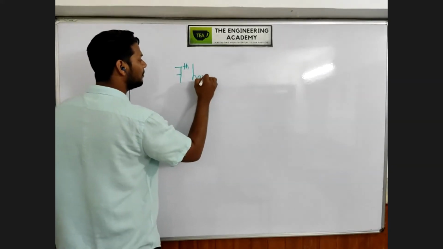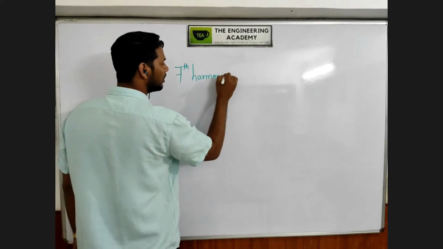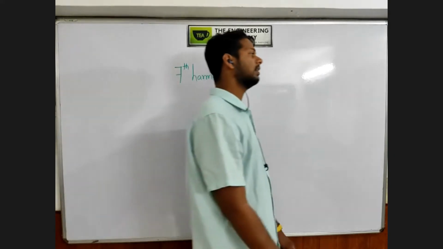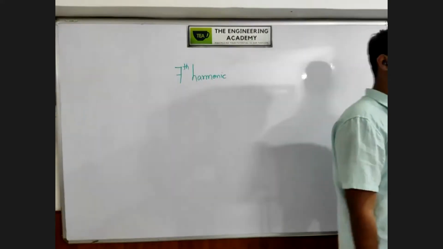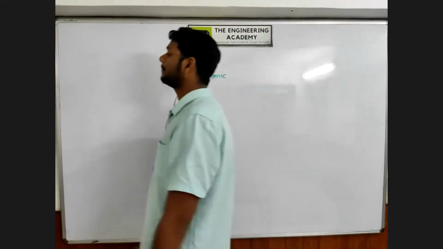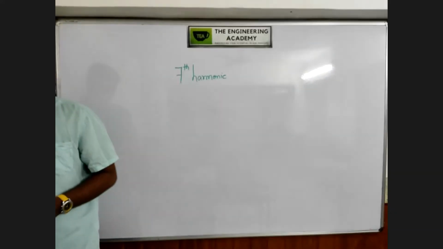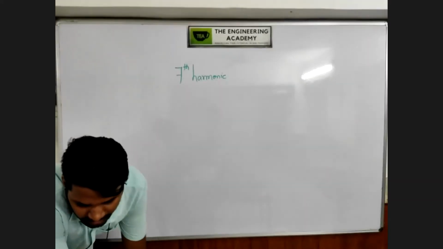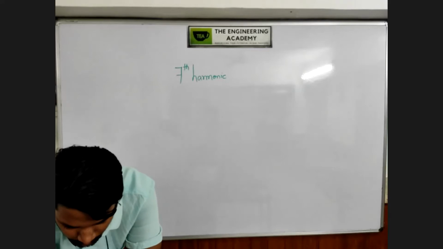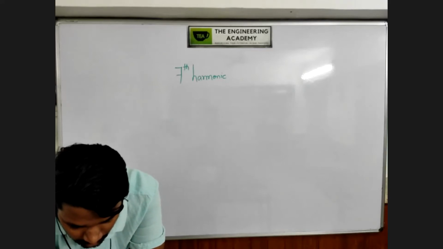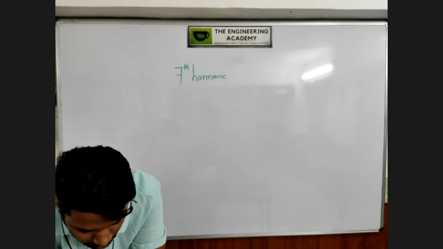So can anyone tell me what will be the coil span to eliminate seventh harmonic? You can say it in the chat box, or you can unmute your mic.